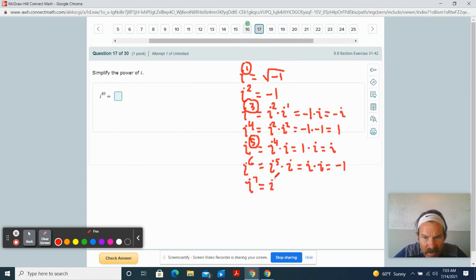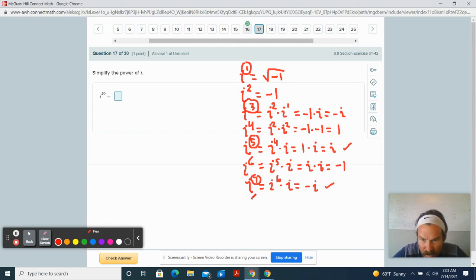I to the seventh is just I to the sixth times I. I to the sixth is -1, so this is going to be -I again. So all the odd powers of I are either I or -I.